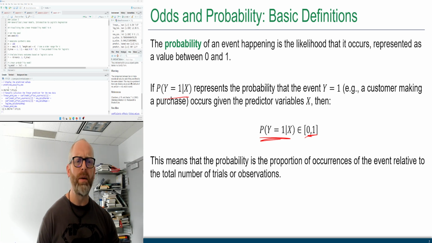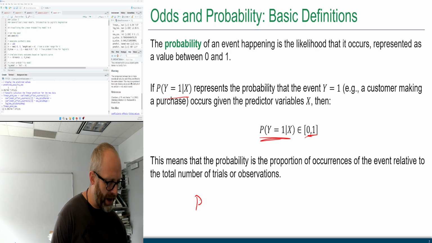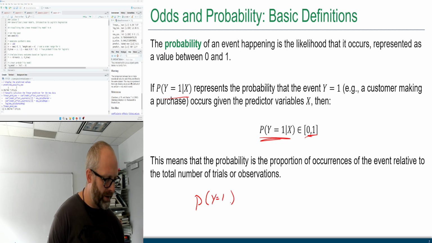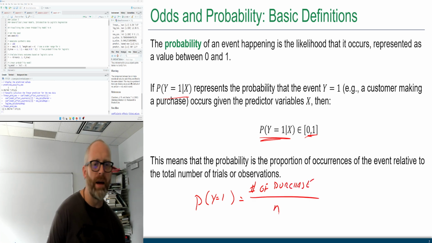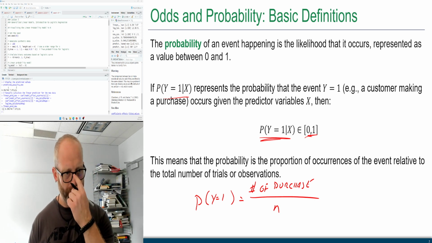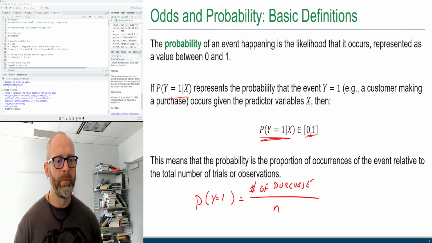We saw this back when we calculated the probability versus relative frequency, which is the probability of something happening: y equals 1, so the number of purchases over n, which is the number of customers that we did this with. All right.